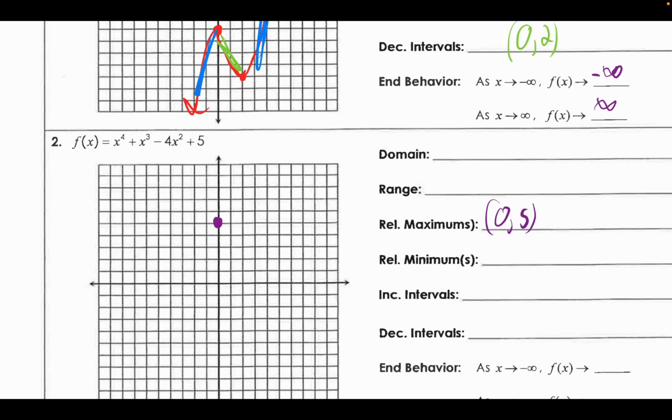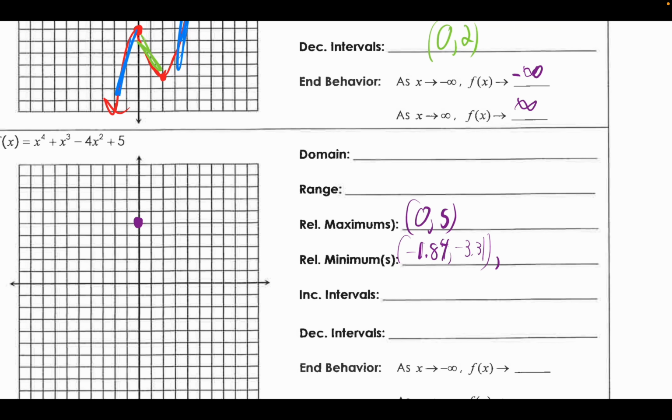Relative minimums, which are negative 1.84, comma negative 3.31, as well as 1.09, comma 2.95. And so I'll go ahead and plot those as well.